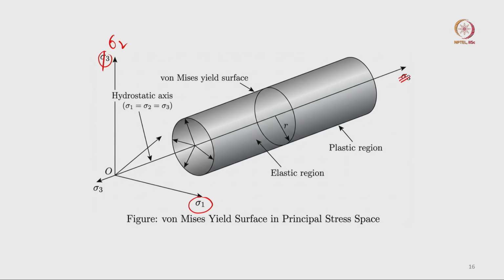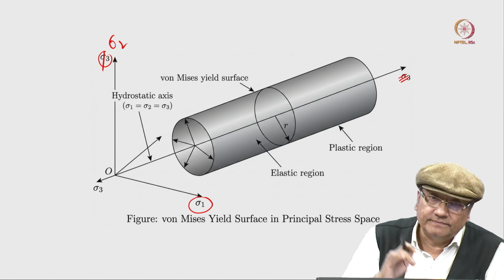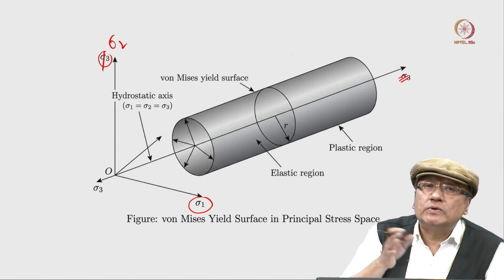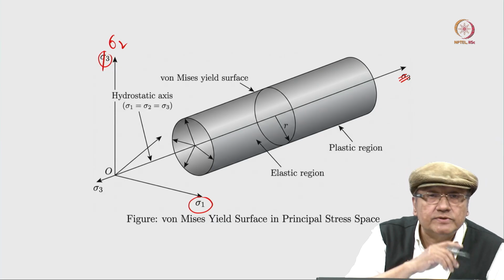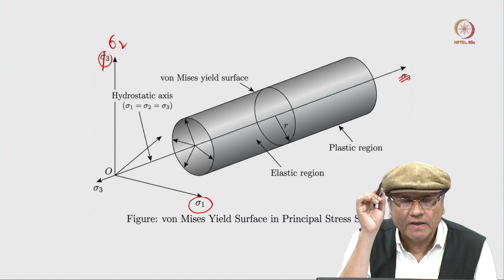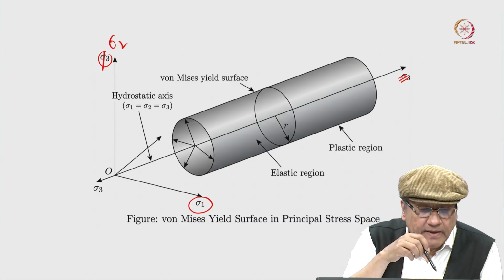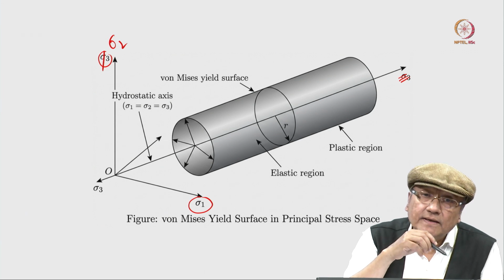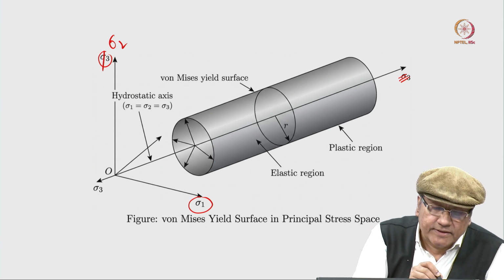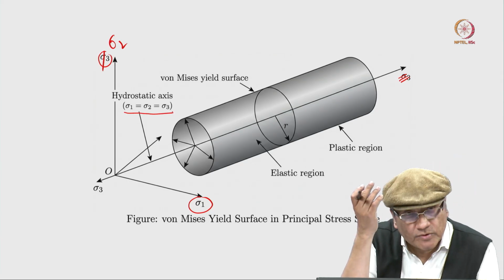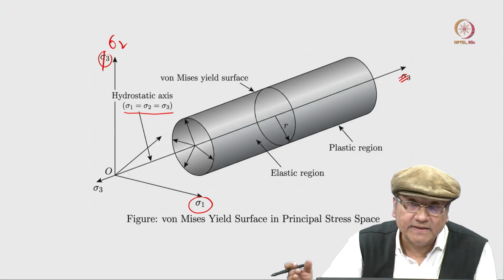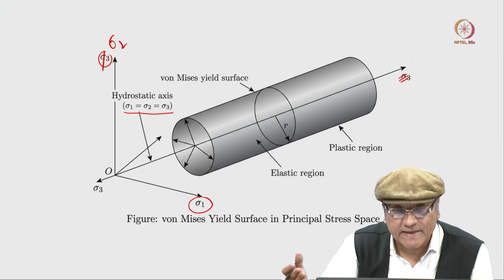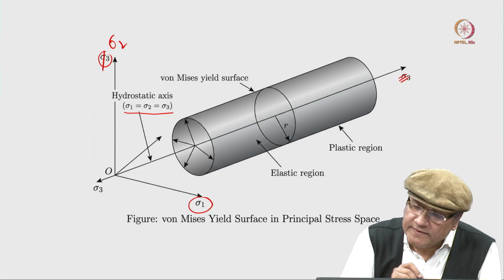So if you plot this stress, the F sigma, not in the usual stress space but in the space of principal stresses, where sigma 1, sigma 2, sigma 3 are the 3 principal stresses, then you will see that the hydrostatic axis, given by sigma 1 equal to sigma 2 equal to sigma 3, does not affect the von Mises plasticity, because hydrostatic forces do not affect it.